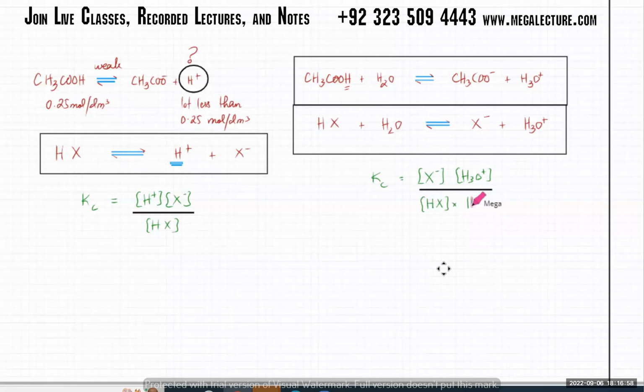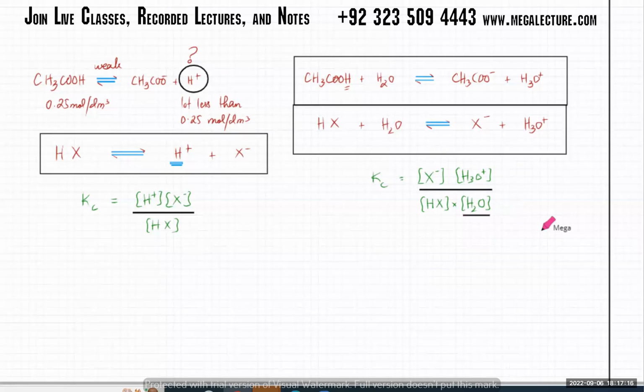Remember, water is in excess. In aqueous solution, water is taken as 1, so water will not be written in the expression. Since water's concentration is constant, anything in large excess, its concentration is considered to be constant.